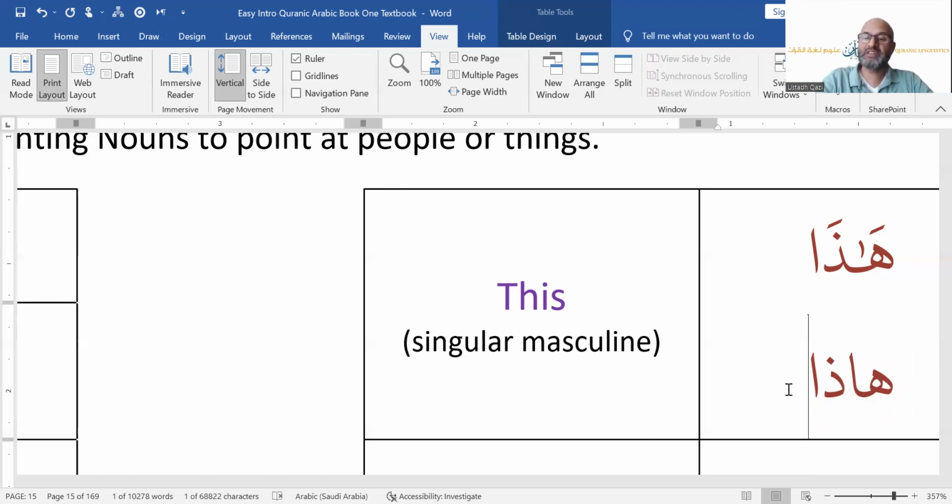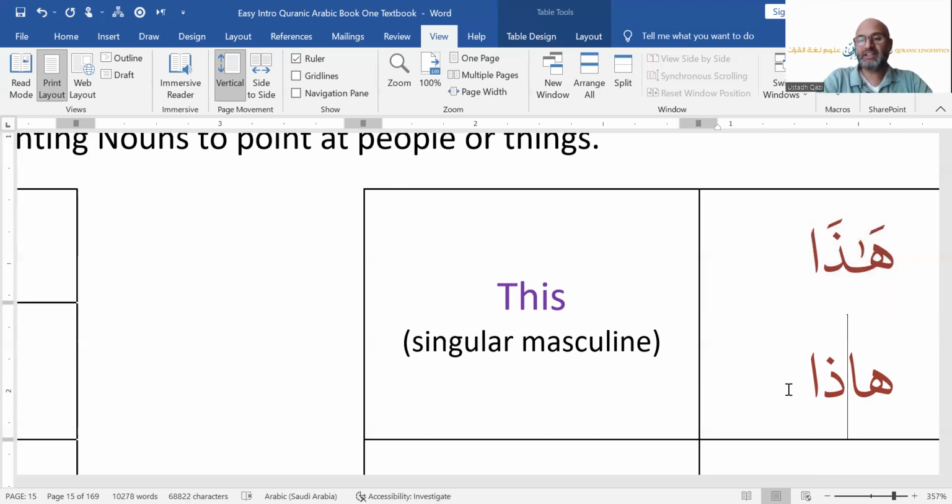It could be because it's easier, shorthand, or it could be to accommodate variant Quranic recitations. So that's why you see sometimes alif is not written clearly. It's a small little alif hovering up above. And this alif in Urdu, they call it khadi zabar. So hadha is written without a full alif.